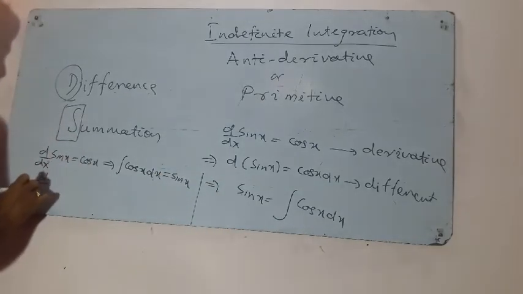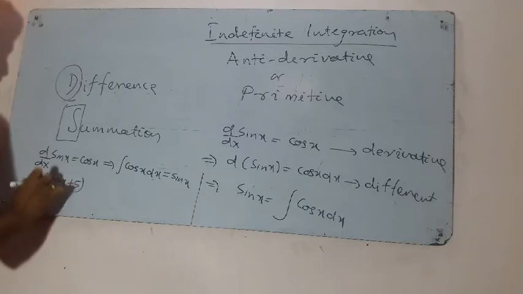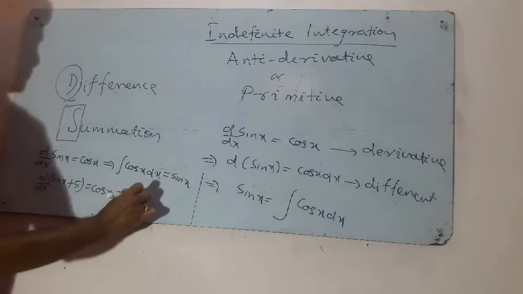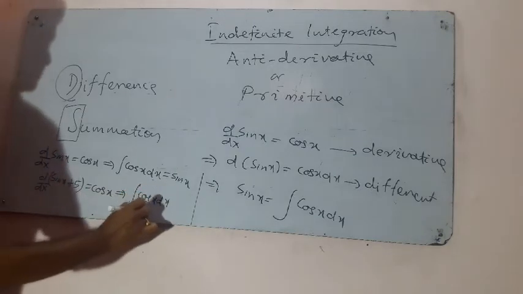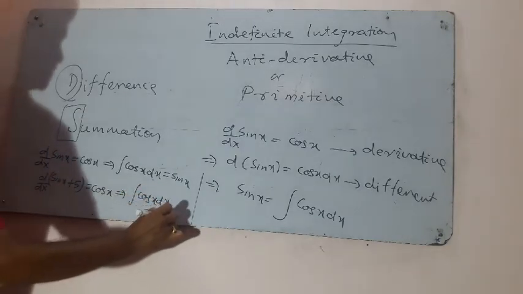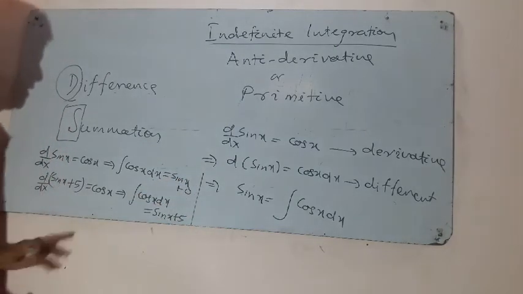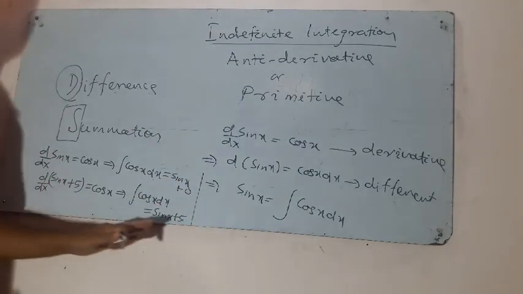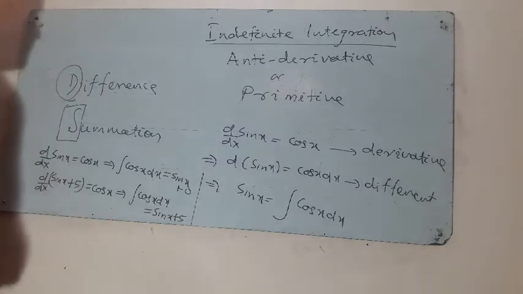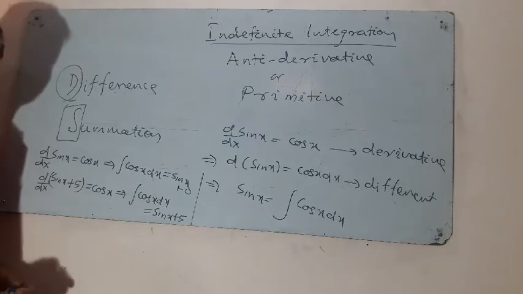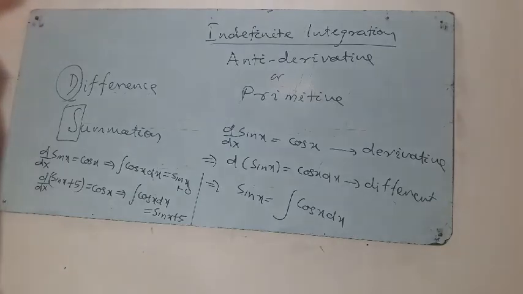Again d by dx of sin x plus 5 is equal to cos x, then integration of cos x into dx equal to sin x plus 5. So in each integration there will be a constant, and that constant is called the constant of integration.